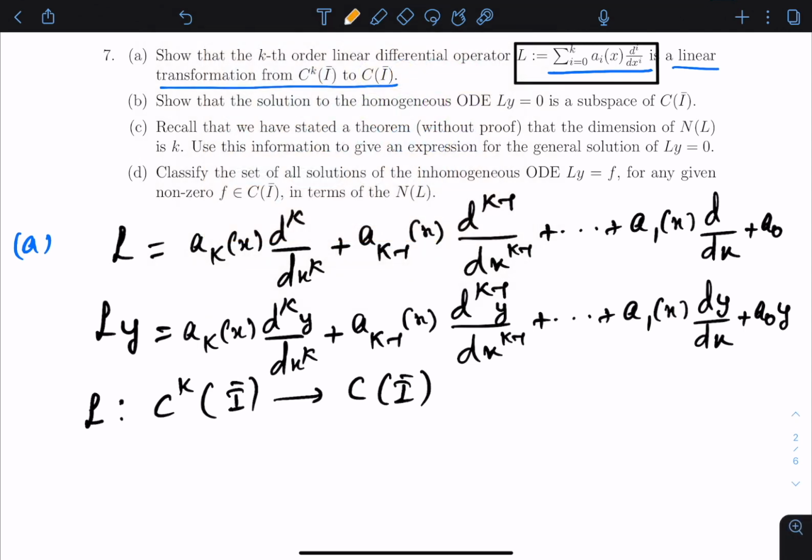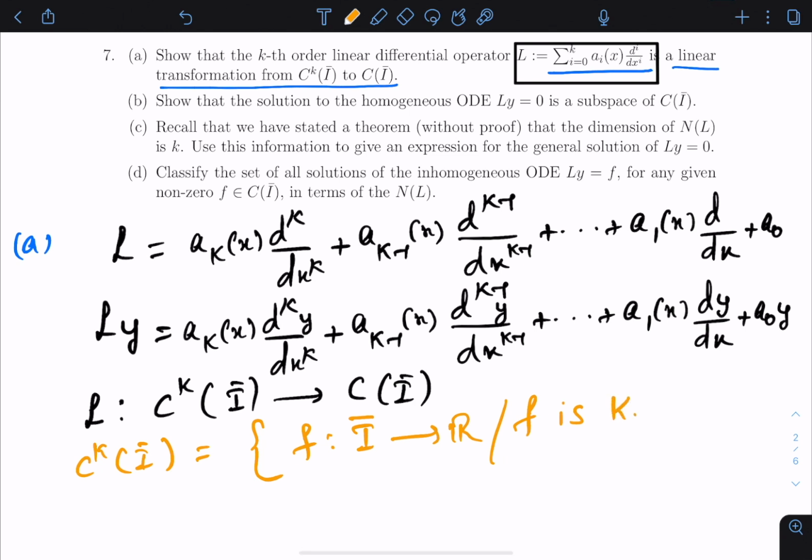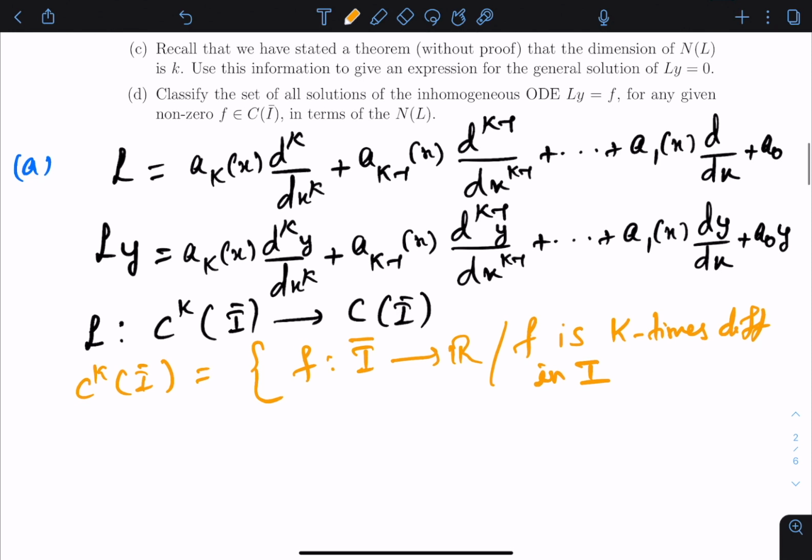C^k of I bar is the set of all maps from I bar to R such that f is k times differentiable in the interval I. I bar, as we have said, is the closure, the closed interval.